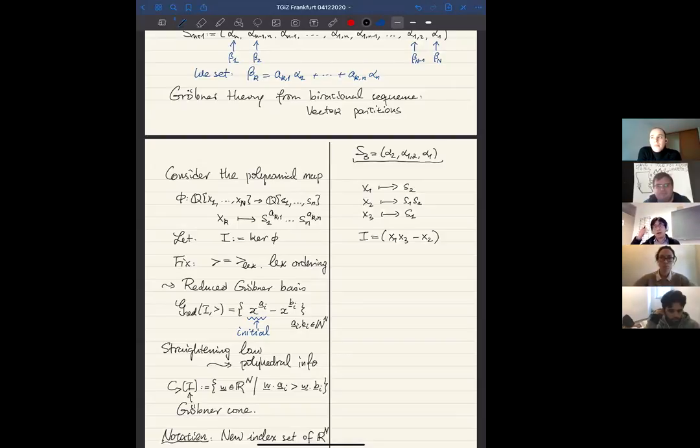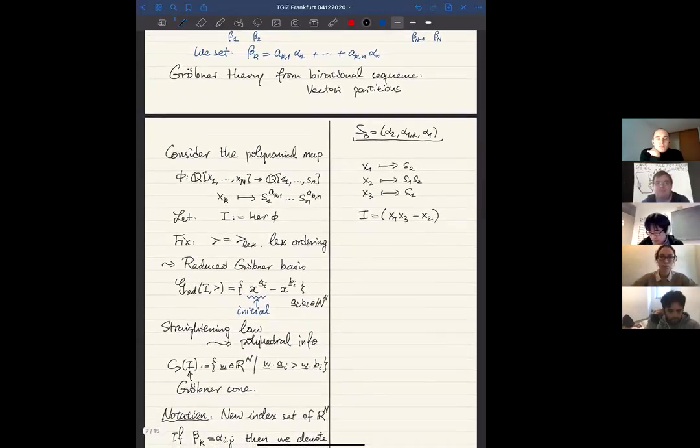Of course, you can choose another ordering, but today for my purpose, I only fix everywhere the lex ordering. And maybe if time permits, I will tell you about more orderings. If I fix my monomial ordering, the Grobner theory tells me that there exists a unique reduced Grobner basis of the ideal I. And this reduced Grobner basis is of course a binomial set, it consists only of binomials.